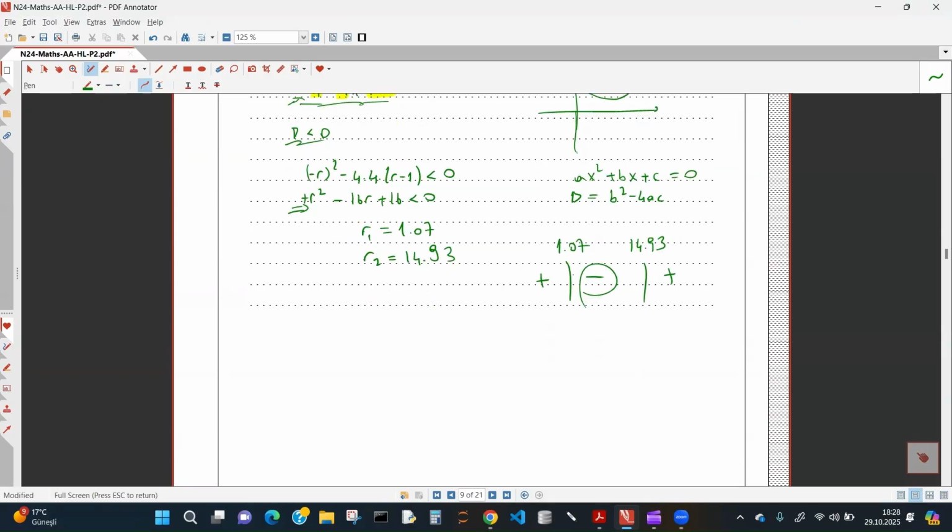The inequality will be correct, so we're going to choose r between 1.07 and 14.93.